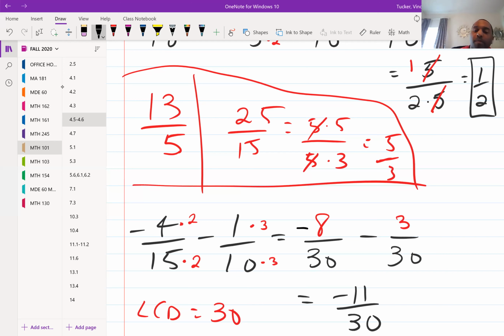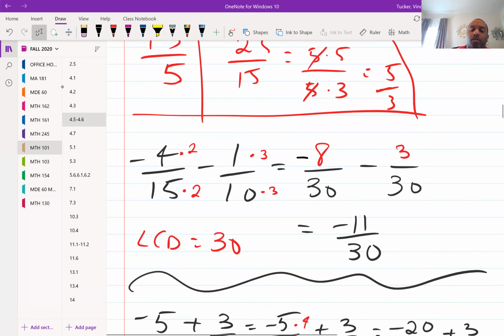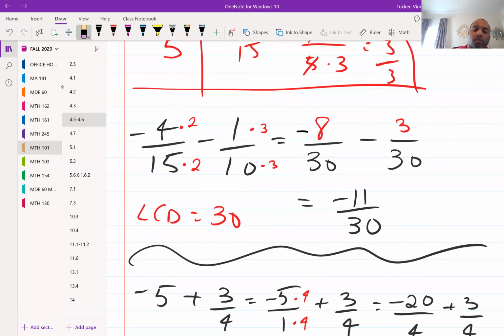So that's negative 8 minus 3, which would be negative 11 over 30. All right, good.